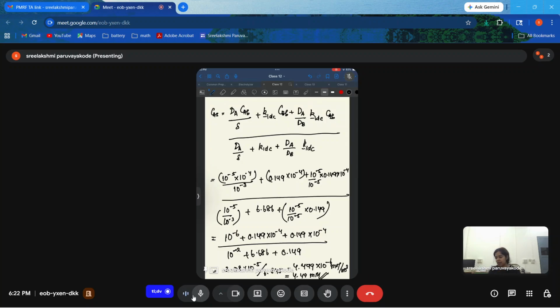So, finally, I'm getting the answer as 4.49 millimolar. This is the answer I'm getting. Right, now let's do the next question. So, you will have to solve the question. It's a little lengthy, it depends on how you're solving it easy.